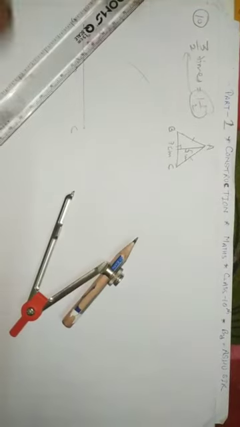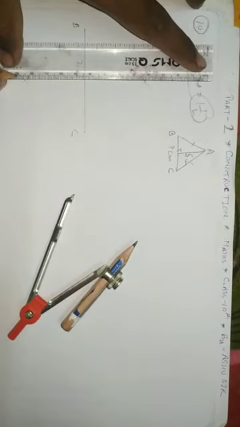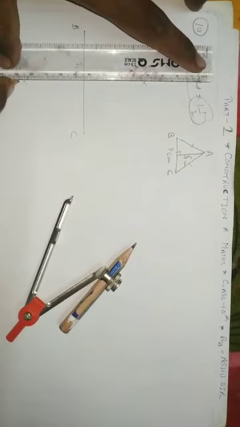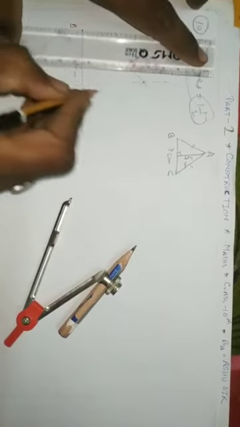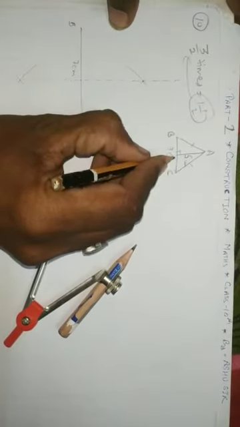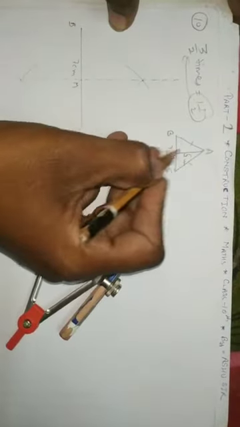So first we draw a perpendicular bisector of BC. This is M, the midpoint of BC, and from M the point A is at a distance of 5 cm.